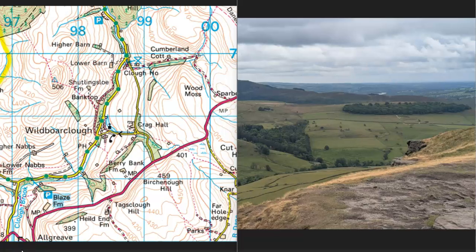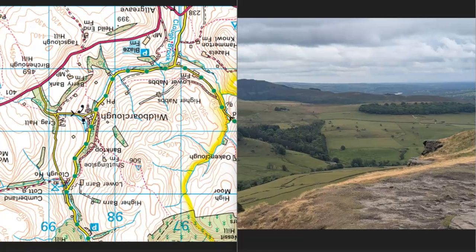I've got map and photo side by side here, but it might be easier if I orientate the map, so twist it round so it matches what I can see ahead of me in the landscape. Okay, so there we've got the map orientated correctly. Can we identify this distinctive block of trees here? Looking from Shuttling Slow steeply down into the valley bottom, this road on the map is actually hidden from view, but it follows the line of that stream, Clough Brook.